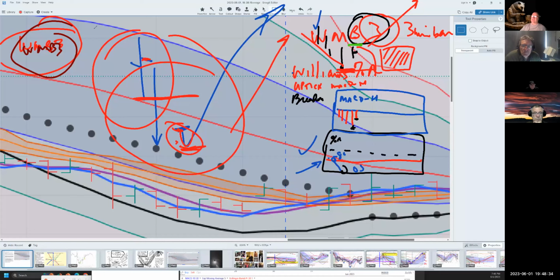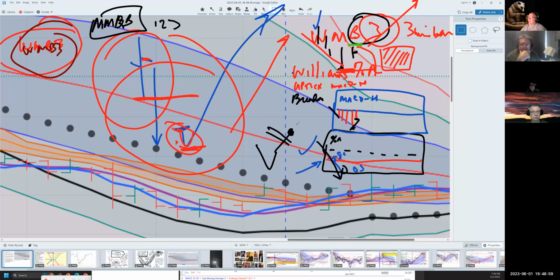And what it does is it's compatible with the idea of the MMRB off the bottom and the 1, 2, 3 entry, because it gives you the oversold conditions, which is the equivalent of a harsh winter. It gives you the MACD uptick, which is the equivalent of the R10 bottoms out and you get the RLXD.